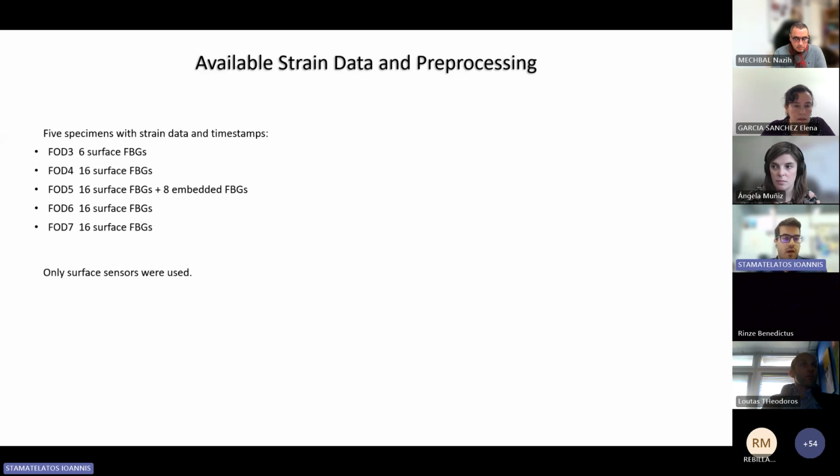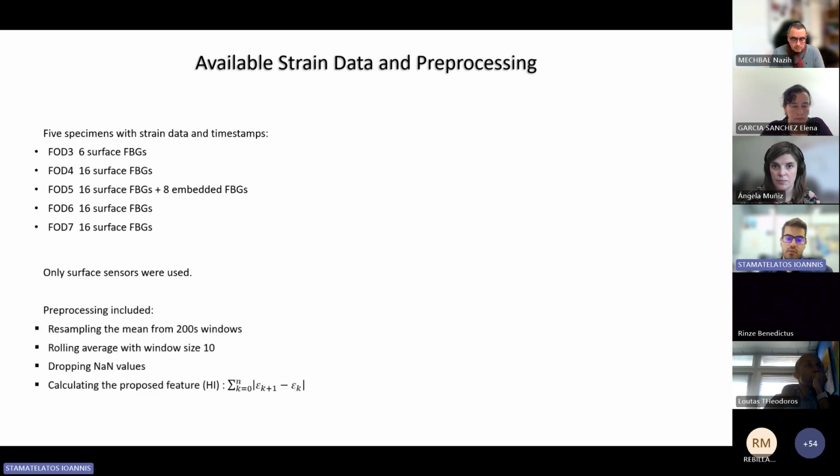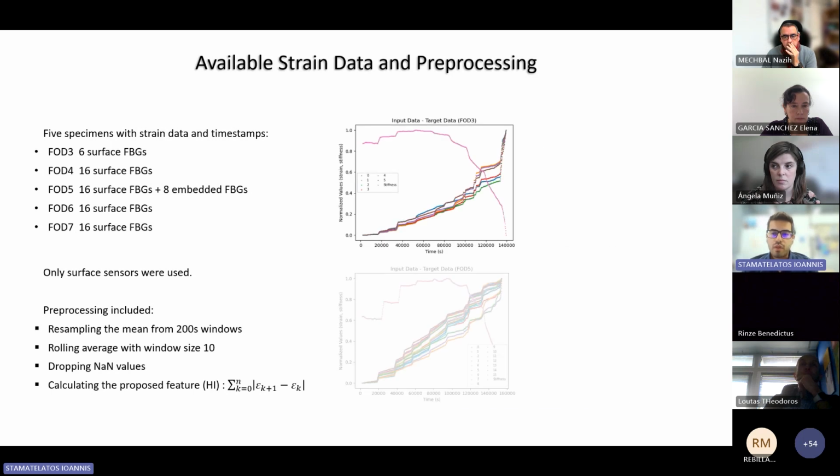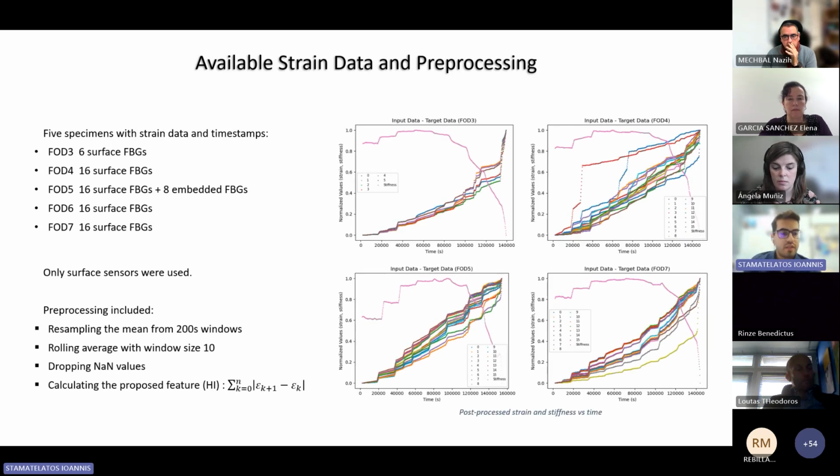So we concluded that we will take it out from this modeling. So we used only FOD4 until FOD7, which had 16 sensors, and you will understand why we did that later. And this is the process of the pre-processing.